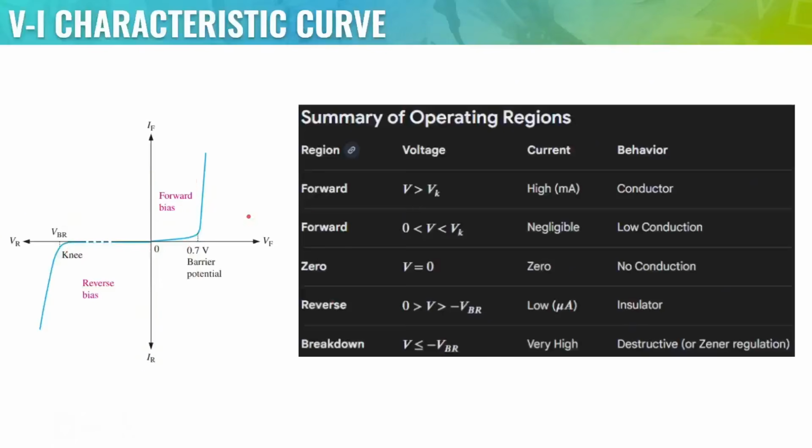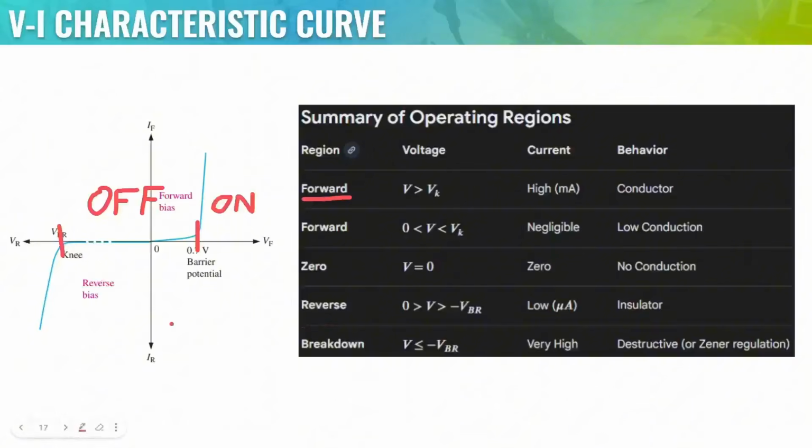What you need to know is that past 0.7 volts for the forward bias, the diode is on. So for forward below the barrier, zero, and reverse, the diode is off. It acts as an insulator, or if it is a conductor, it acts very weakly. It's going to conduct only a low current.